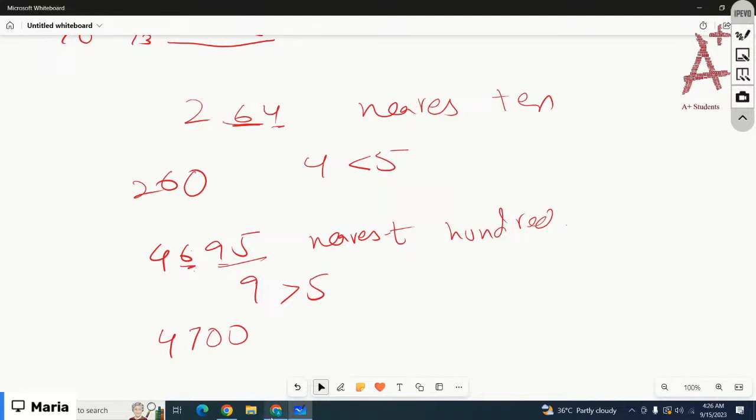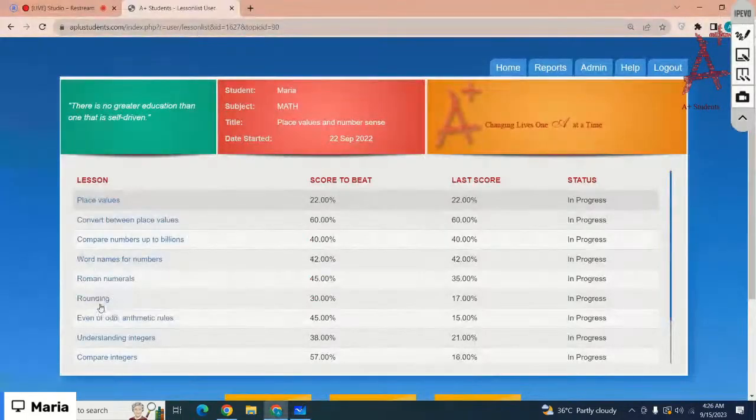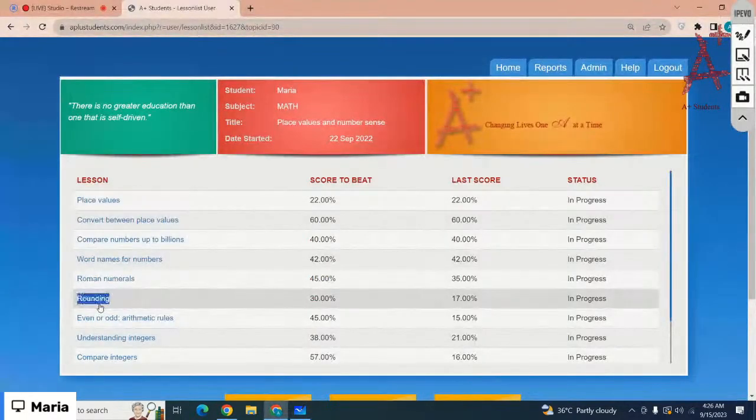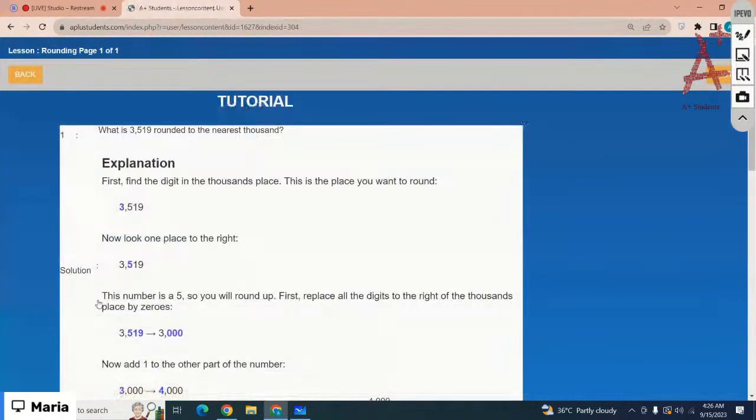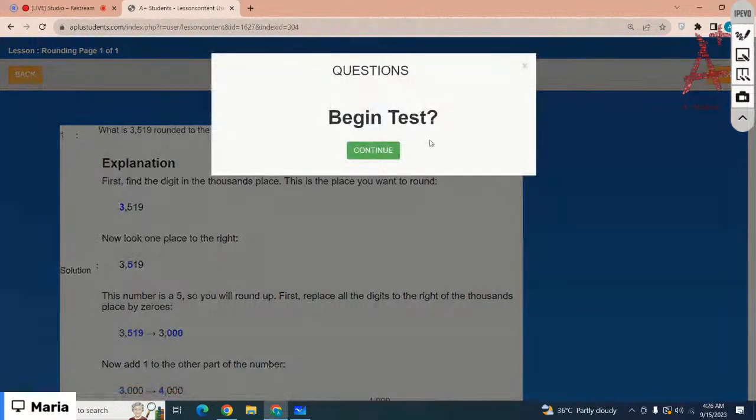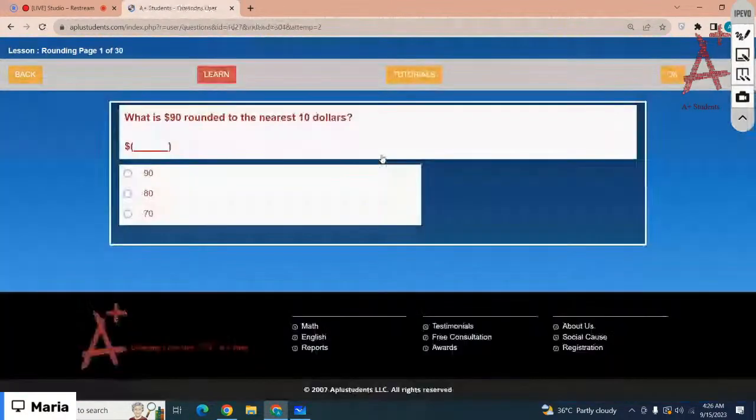Okay, let's just start with the practice questions. What is $90 rounded to the nearest $10?